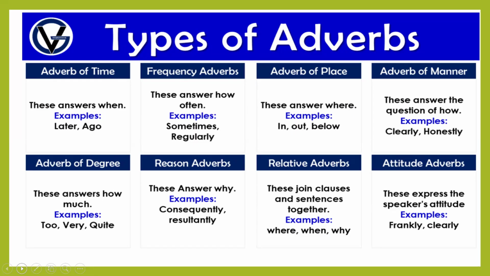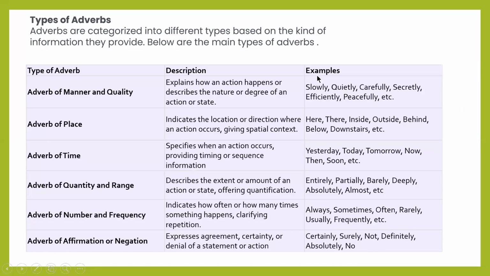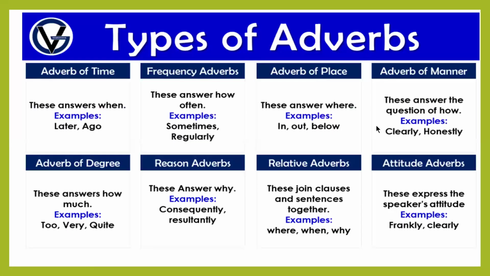Adverbs of place answer where. Adverbs of manner answer the question how, for example clearly, honestly. Adverbs of degree answer how much, for example too, very, quite. Reason adverbs answer why.